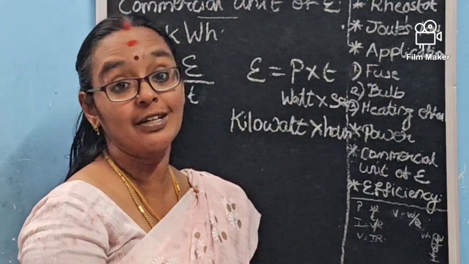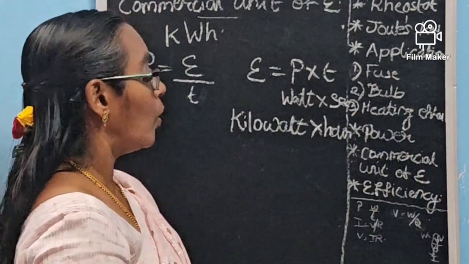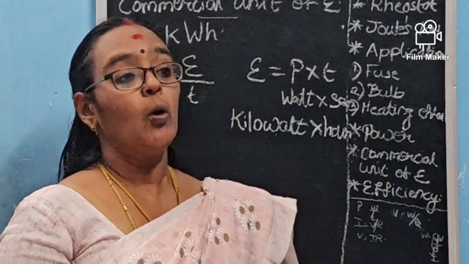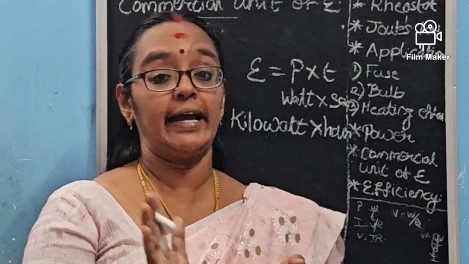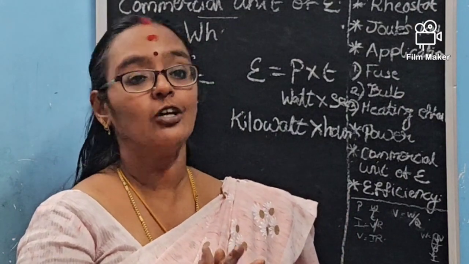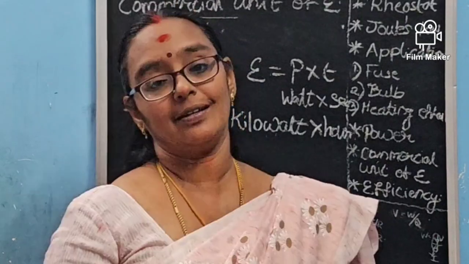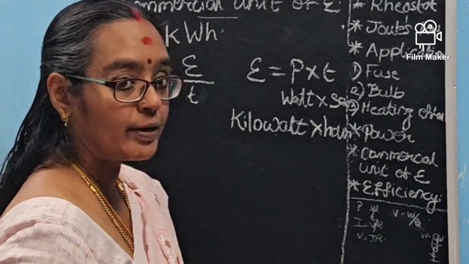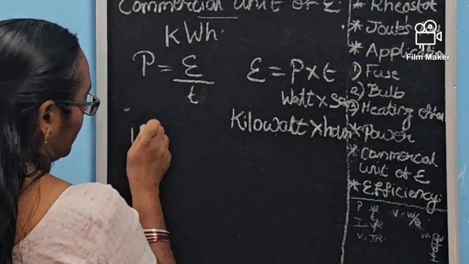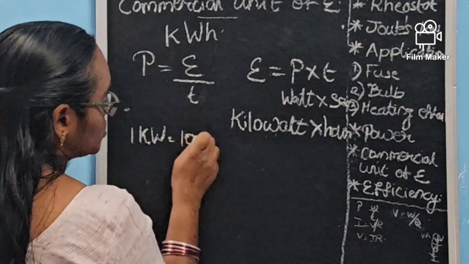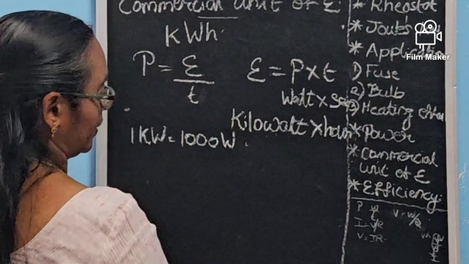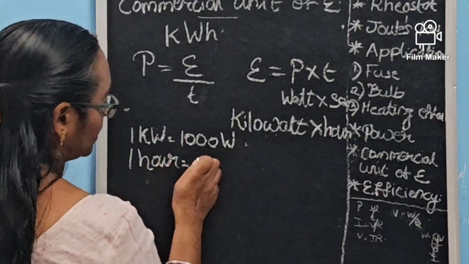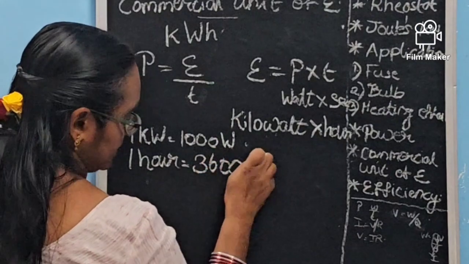What is the commercial unit of energy? Kilowatt hour. So how much is 1 kilowatt hour? We are comparing this 1 kilowatt hour in joule. What is the SI unit of energy? Usually the SI unit is joule. So we are equating kilowatt hour and joule. We know 1 kilowatt is equal to 1000 watt. 1 hour is equal to 3600 seconds, isn't it?